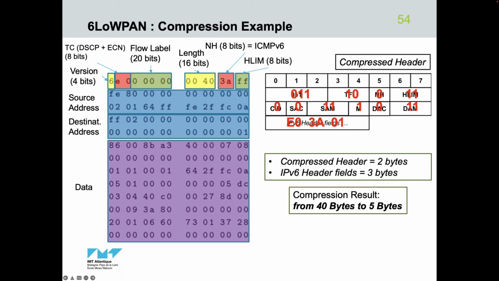This one we cannot avoid. Plus 3 bytes because we have three IPv6 header fields that are carried in line. Okay. So 2 plus 3, we have in total 5 bytes. Not too bad, compressing from 40 bytes down to 5 bytes.